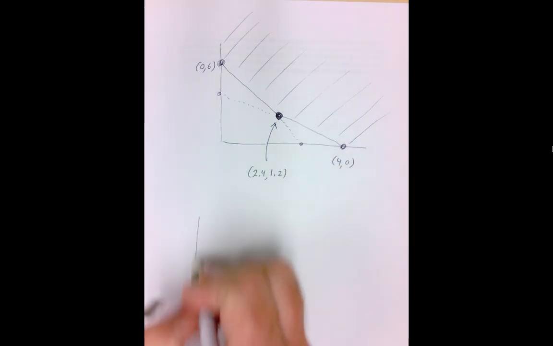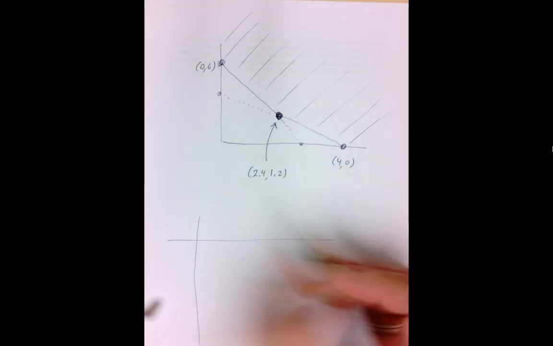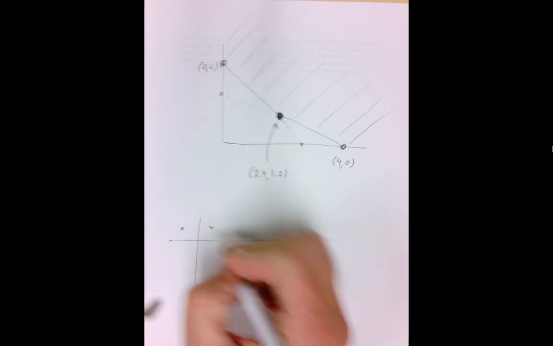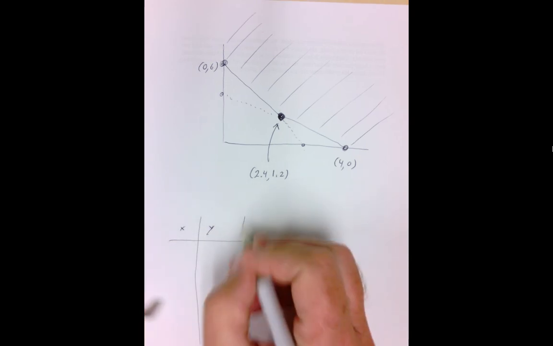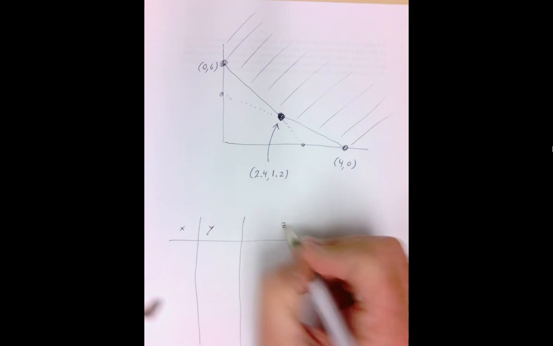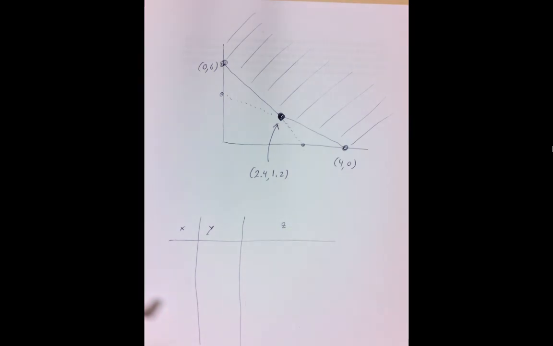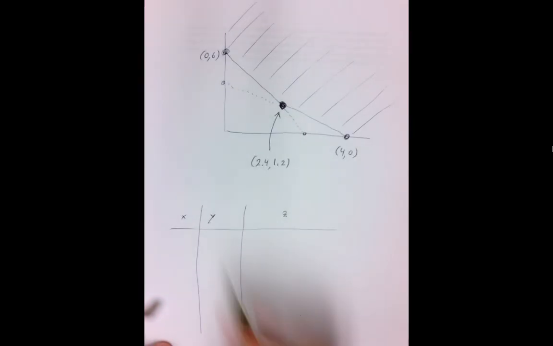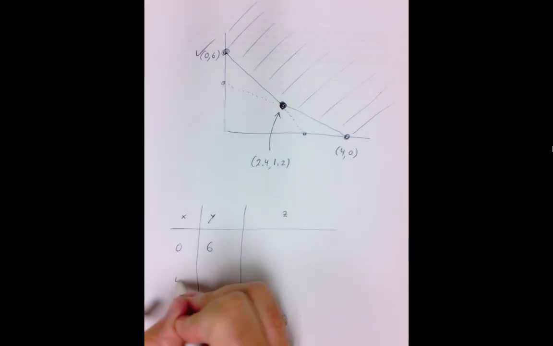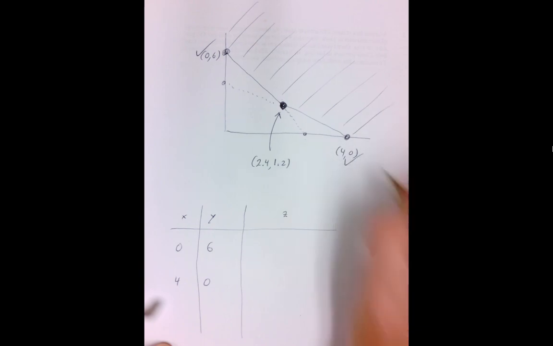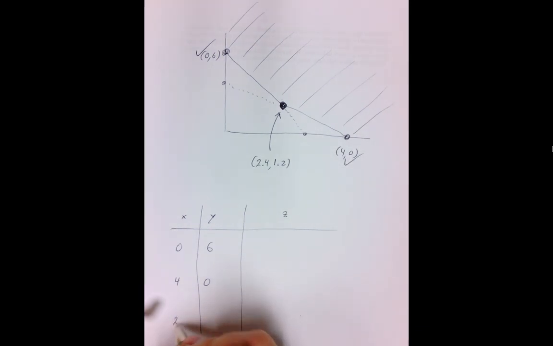All right, gang, what we do now is evaluate our points. Based on our x and our y, what are our z values? We have a 0 and a 6 from this point, a 4 and a 0 from that point, and a 2.4 and a 1.2 from that point.